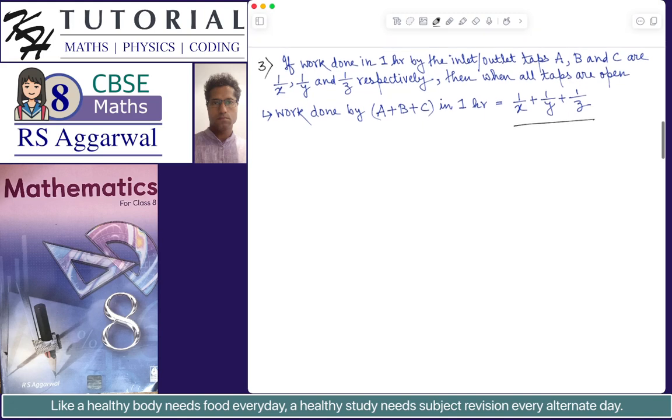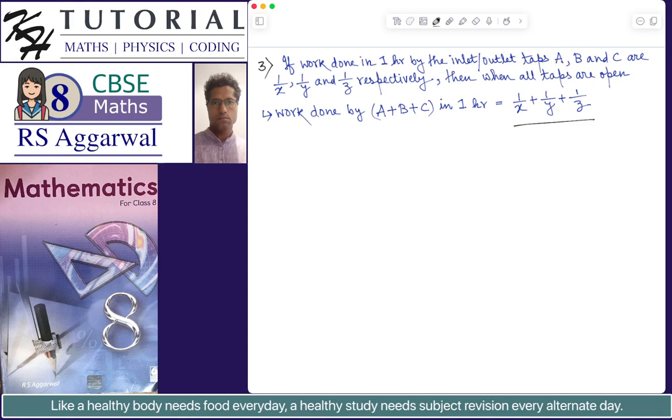So just know that if in 1 hour the work done by a tap is 1 by x, irrespective of whether the tap is inlet or outlet, if the tap A is an inlet, then definitely x will be positive, and if the tap A is an outlet, x will be negative.